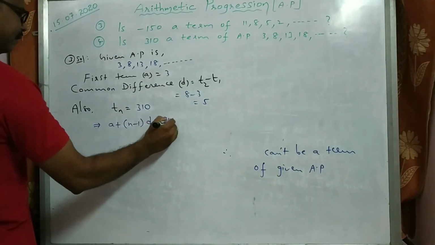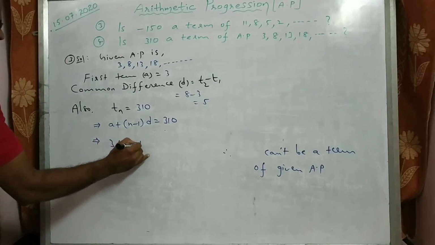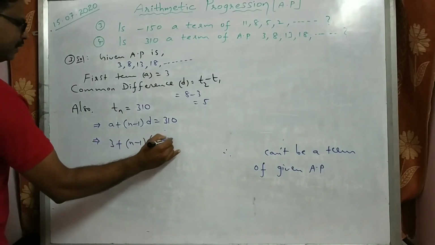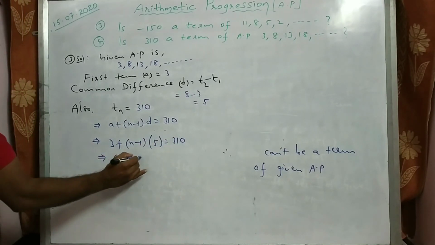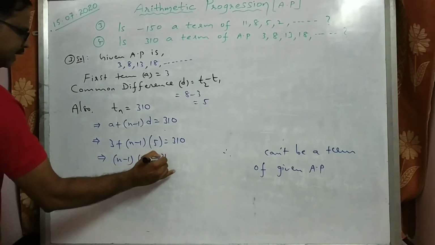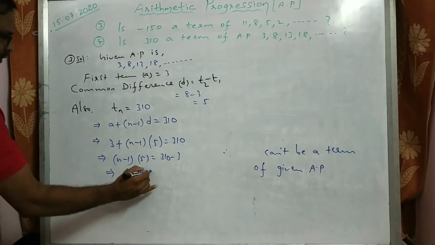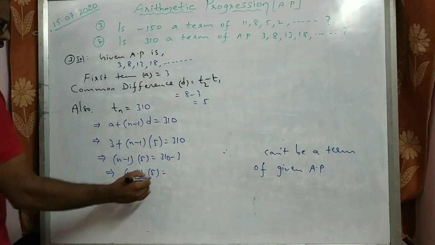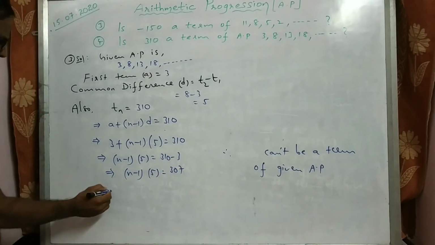Okay, 310. Now substitute. 3 plus n minus 1 into d value 5 equal to 310. So n minus 1 into 5 equal to 310 minus 3. How much? 307.